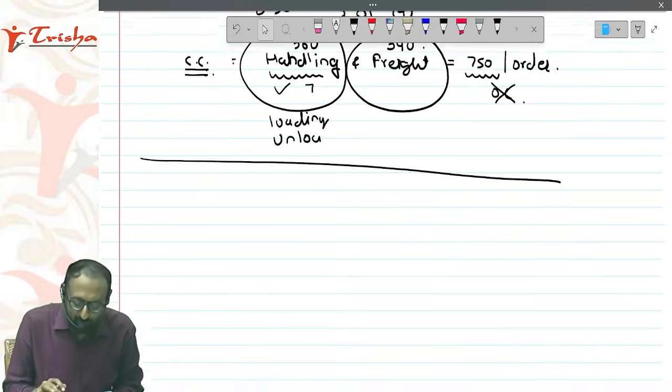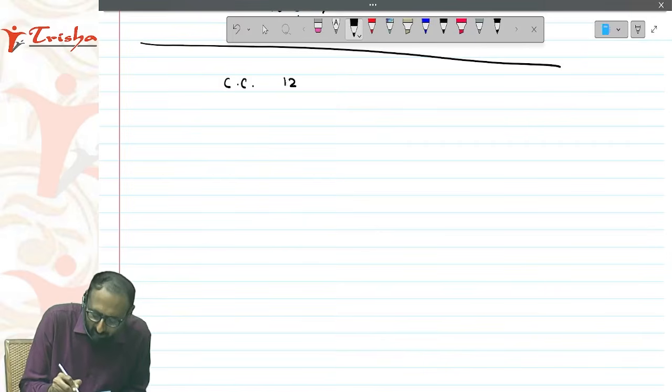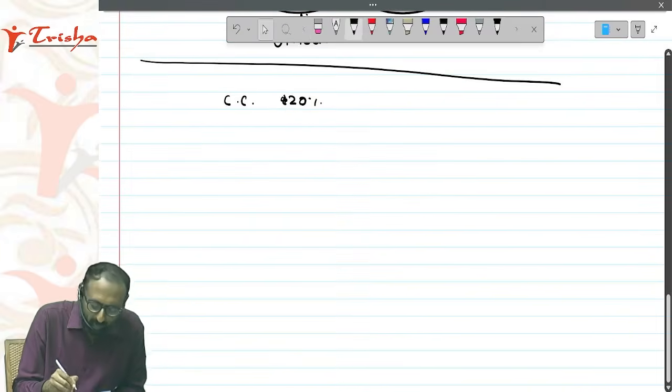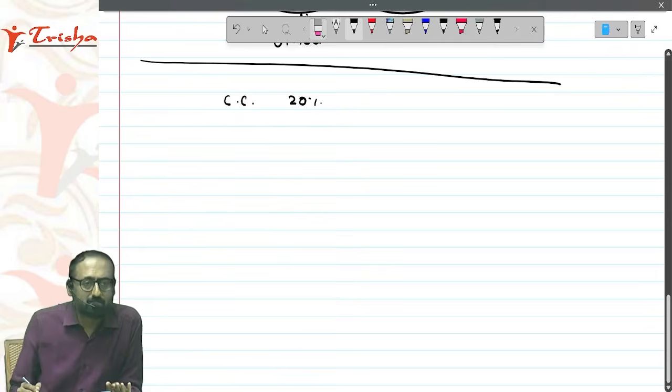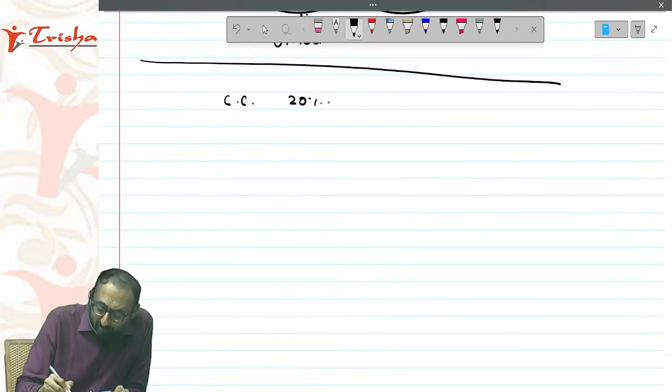Next one. It is given in the question, carrying cost is suppose 20%. Now what will you do? We have learned one very important, interesting part. If carrying cost is given in percentage, then apply that percentage on purchase price.